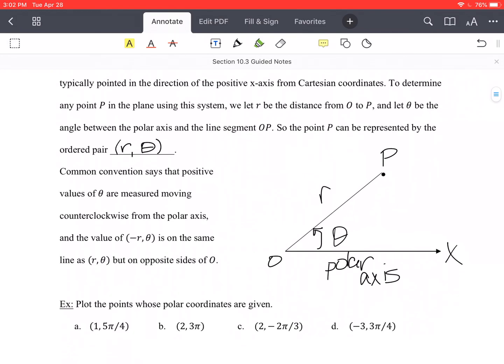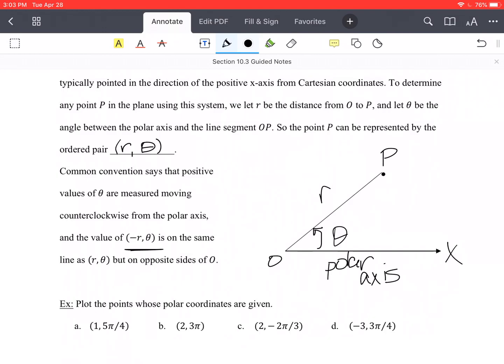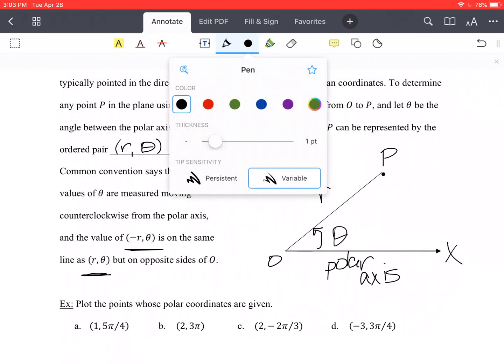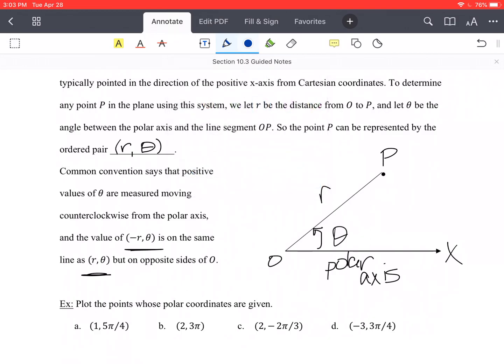Okay, so again, we start on the positive polar axis and move counterclockwise. So we say the value of negative r comma theta is on the same line as r comma theta, but on opposite sides of that origin or that pole.